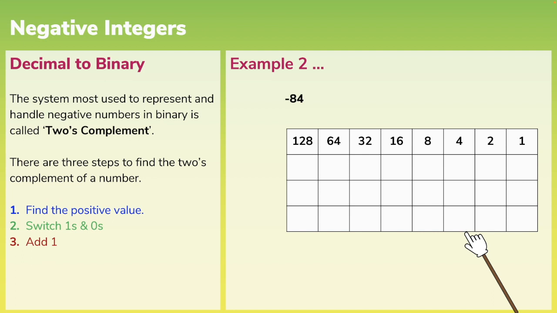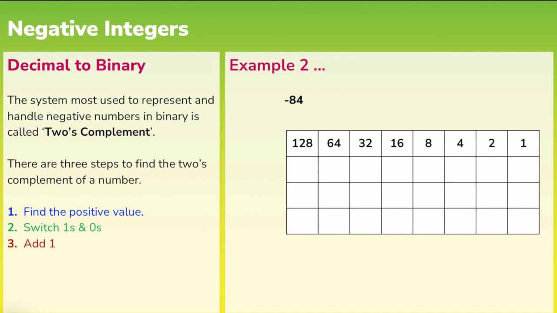Why don't you have a go at working this out yourself? So in this example, we're looking to find the binary 2's complement number for minus 84. So our first step is to find the positive value for 84.